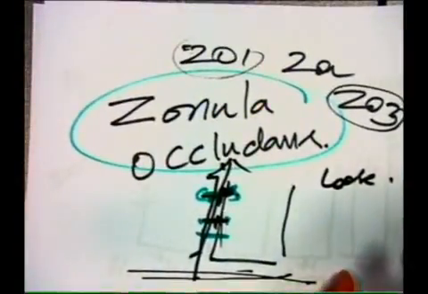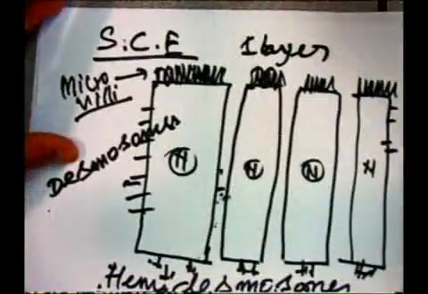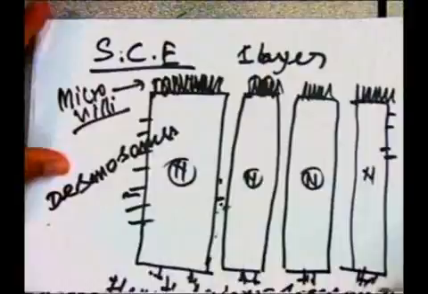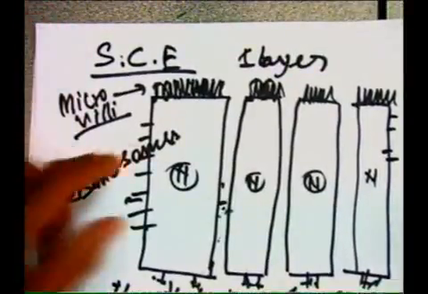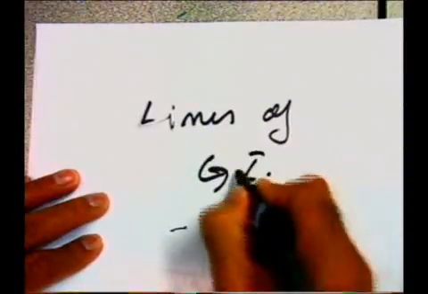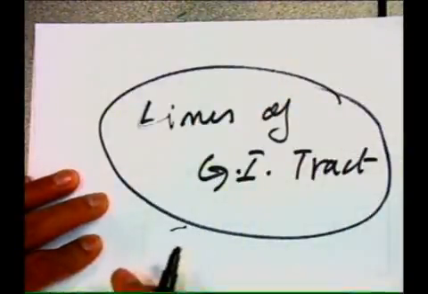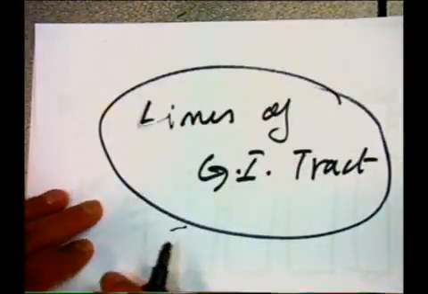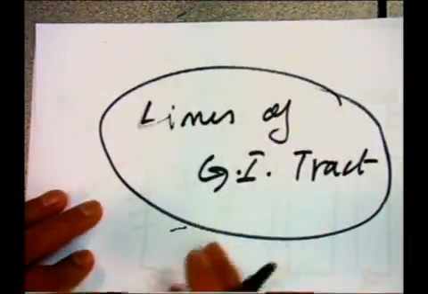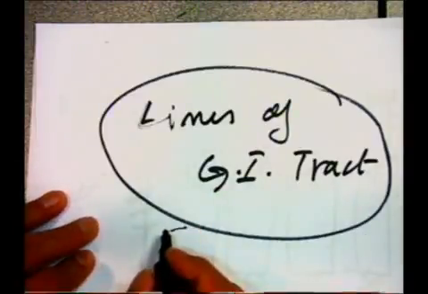Now, as I mentioned before, where you find these columnar epithelium cells with the microvilli and the absorption surface area, you will find them, as I just explained, lining the gastrointestinal tract, the GI tract.